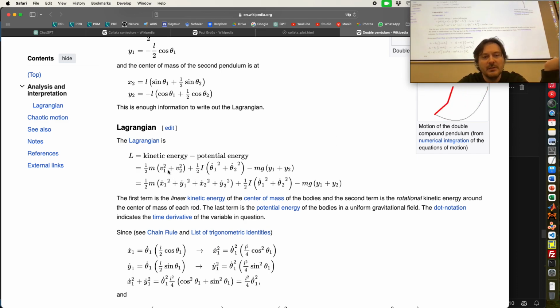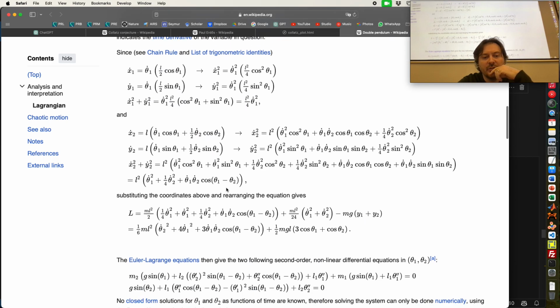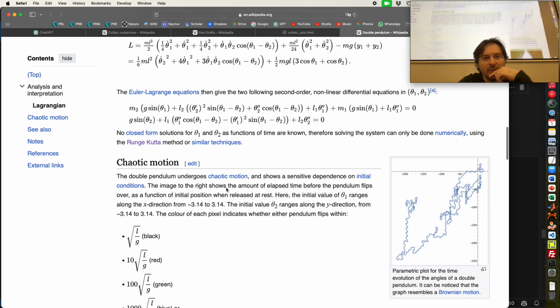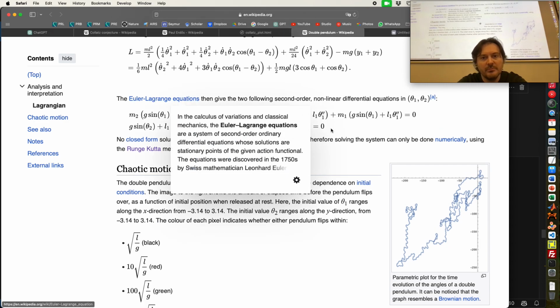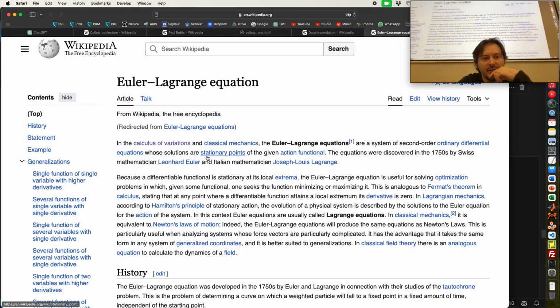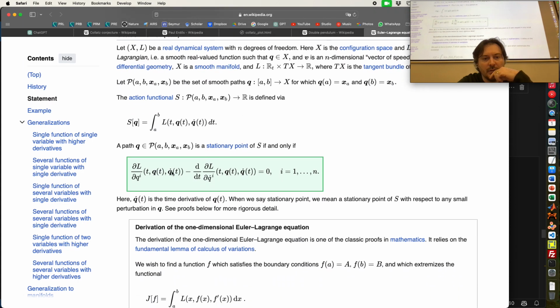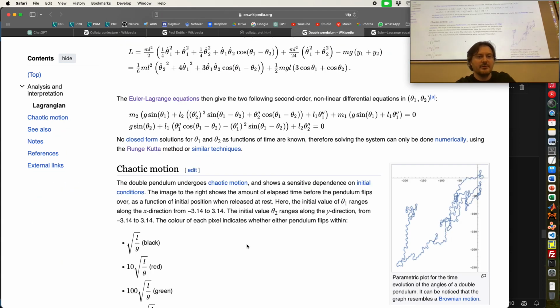You just write kinetic minus potential energy, and you plug it into the Euler-Lagrange equation, which looks like this. It looks complicated, but it is complicated, yes. And if you do the Euler-Lagrange equations, you get this. It seems to be simpler than what we just saw.